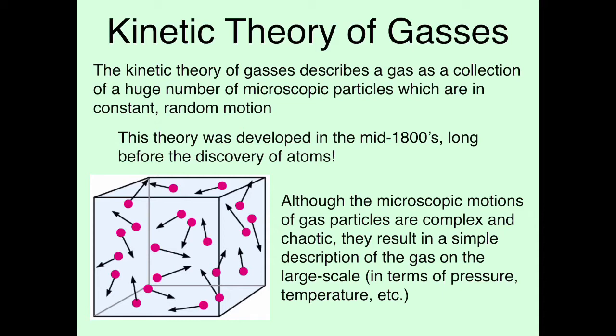But another amazing thing about the kinetic theory is that if you start with that description of this really complex and chaotic motion of a huge number of particles, what you can get out of it is a really simple description of the gas on the large scale. In other words, we can understand things like the pressure of the gas and the temperature of the gas by thinking of the gas as being made up of these tiny little particles.